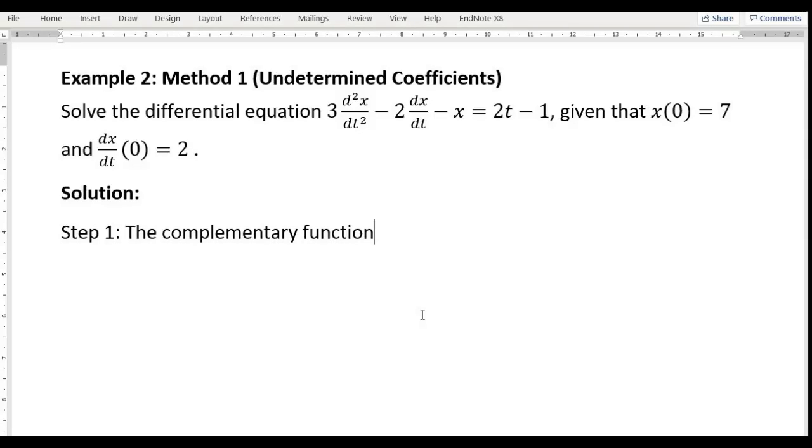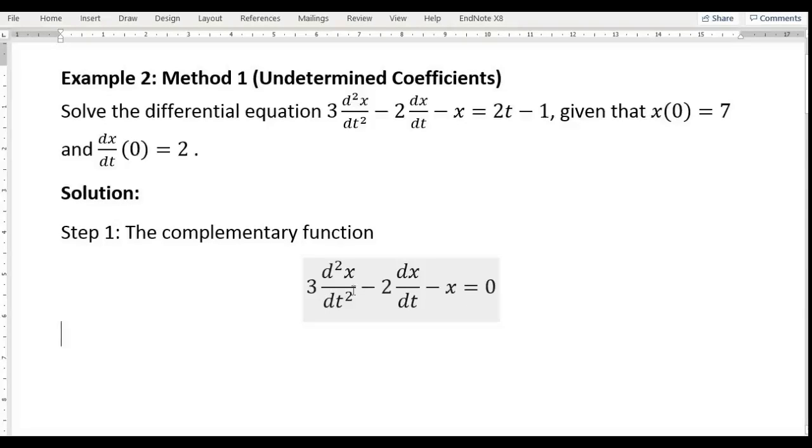So the first step is we need to find the complementary function. The complementary function corresponds to the associated homogeneous equation of this non-homogeneous equation. So in this case, we have 3x double prime minus 2x prime minus x is equivalent to 0.